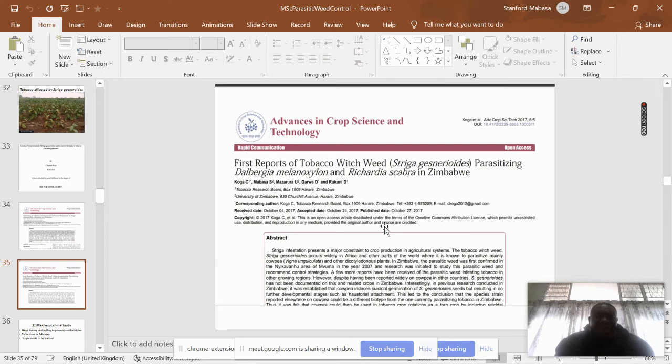But I must say that after publishing this paper, a genetic analysis of the parasites found on Richardia and Dalbergia were quite different to those found on tobacco. So probably, in fact, some literature assume that Striga gesnerioides attacks Richardia scabra and Dalbergia. Maybe it's not Striga gesnerioides.